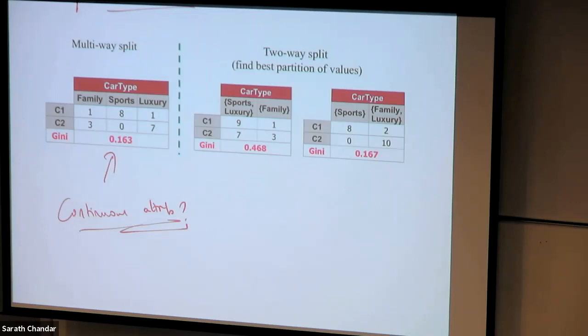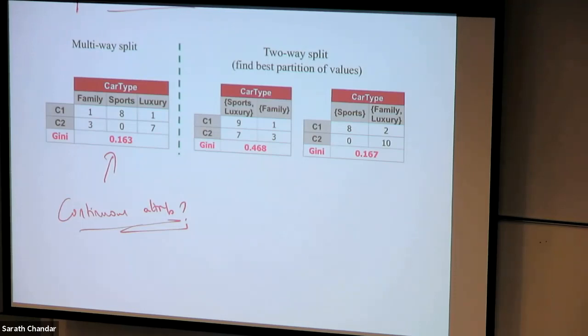The simplest method is to take the entire database of records, consider all possible values, count how many class 1 and class 2 are on the left side and on the right side, compute the Gini, and pick the one which has more gain. Now this is a computationally very expensive approach.